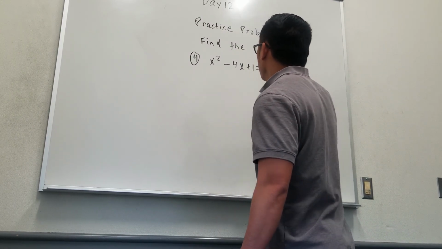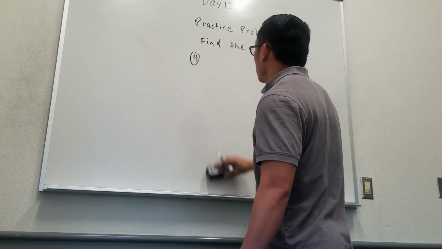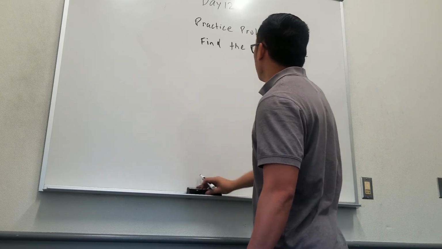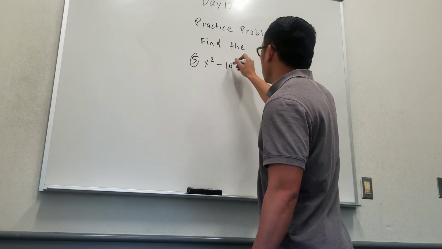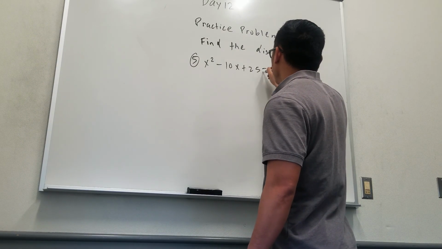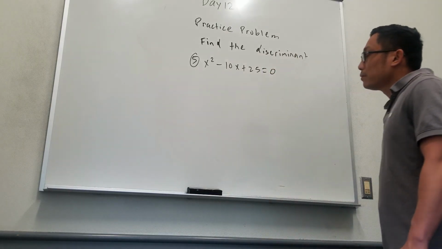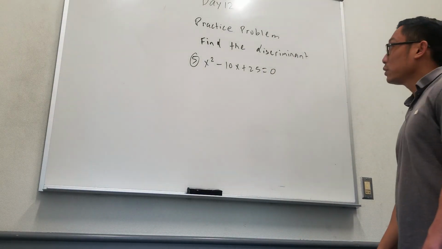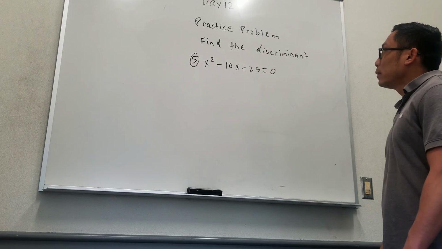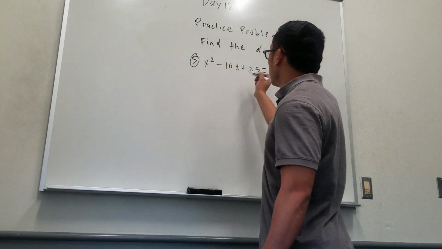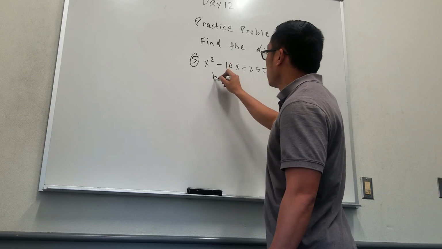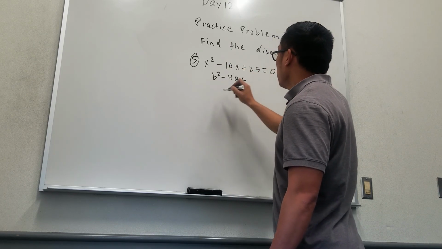Let's try another one. Number 5. x squared minus 10x plus 25 is equal to 0. Try it out if you haven't tried it. So basically, b squared minus 4ac, always applying that formula.